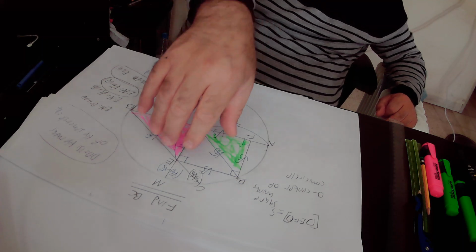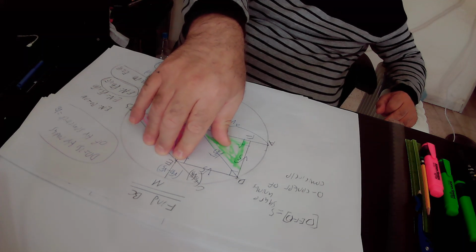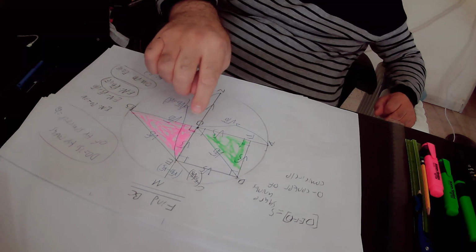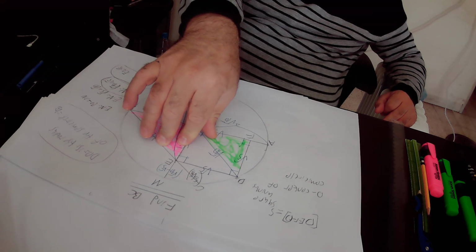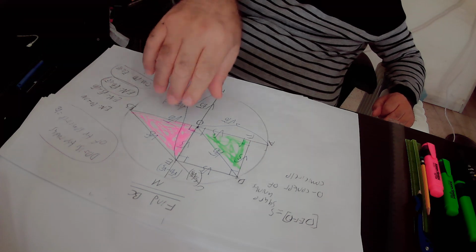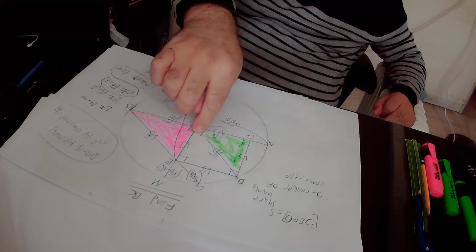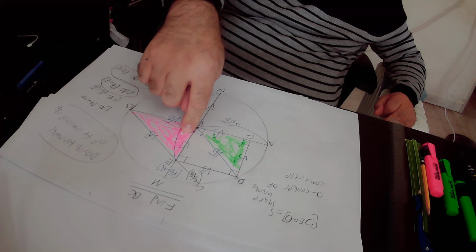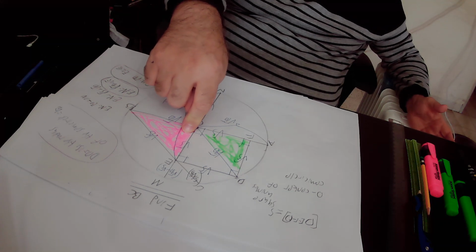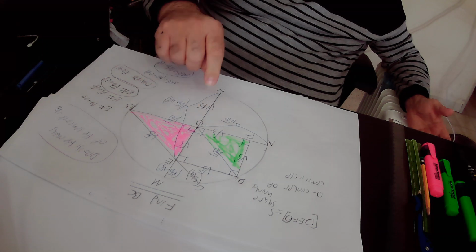So if we focus on the upper side of the straight line AB here at point O, the sum of the angles must be equal to 180 degrees. Which angles do we have at the upper side of AB at point O? We have this angle that is equal to 90 degrees, plus this angle, the missing angle, angle EOB. In total, they must be equal to 180 degrees according to rule number 1.